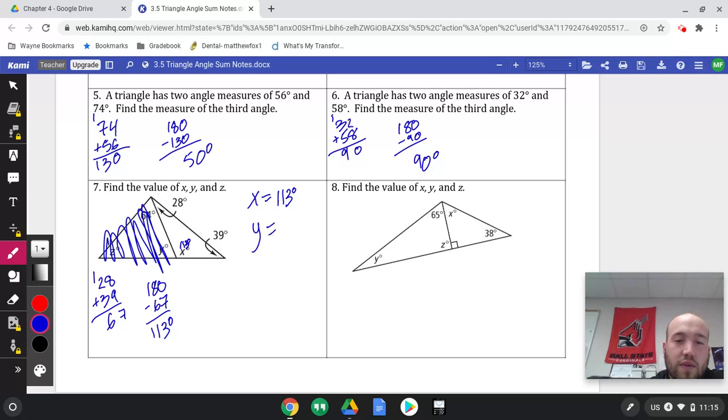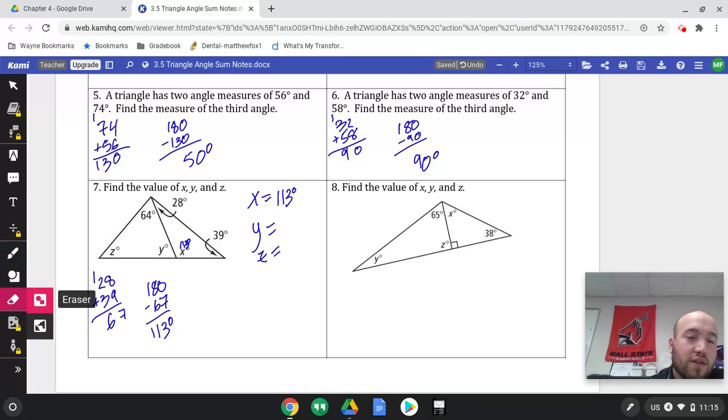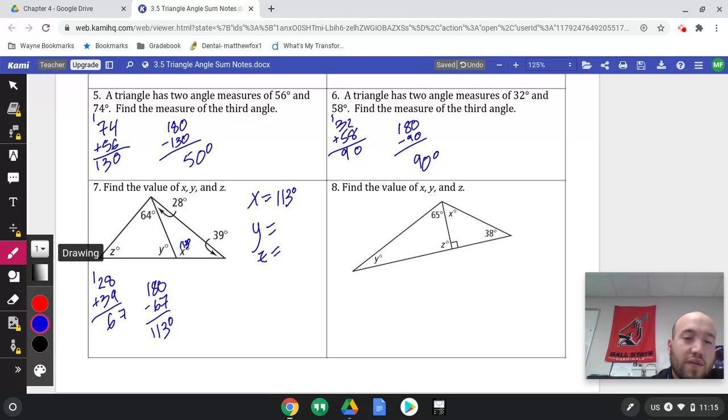Now we also need to find y and z. At this point, I need to erase all this that I crossed off. If x is 113 there, hopefully you can tell x and y are a linear pair, which means they will add up to 180. So we take 180 minus the 113, and we get 67 degrees. That is what angle y is.